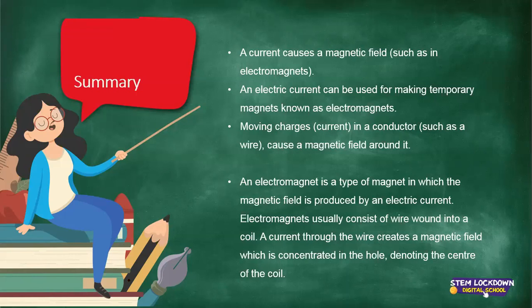And the current through the wire creates a magnetic field which is concentrated in the hole at the center. Levi, you have a question? Just one more thing, part of the summary, please. Yes.